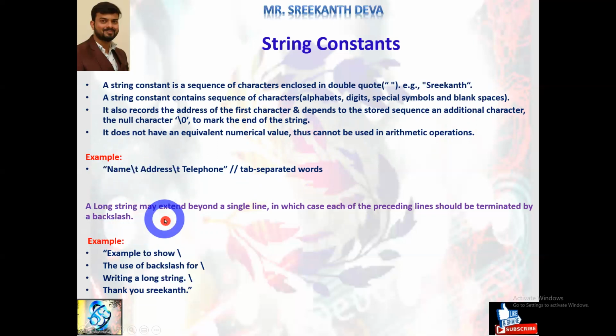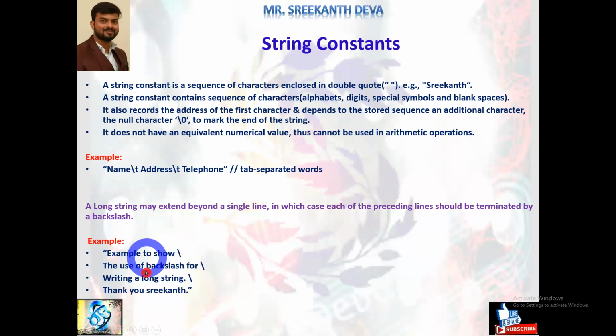A long string may extend beyond a single line, in which case each of the preceding lines should be terminated by a backslash. For example, if I want to write a group of string literals, a long statement, a long string literal, then we can use what? This backslash. Example to show backslash. Again, I'm continuing the string, using backslash for writing a long string. See, this is a string literal, but I have written a long string literal with what?